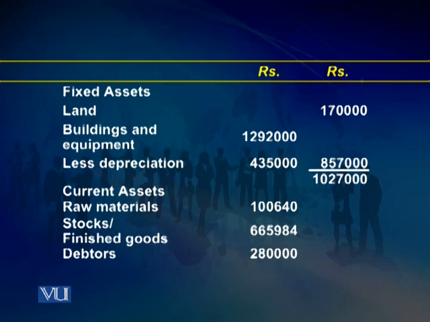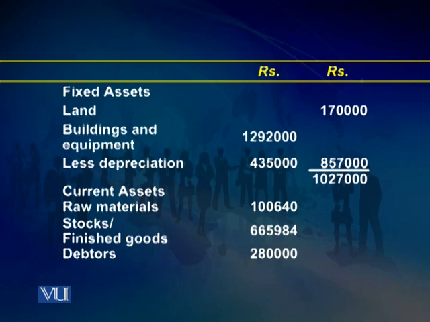Buildings and equipment were 1,292,000. This is at cost, and the depreciation has to be deducted. Now, this balance sheet depreciation of 435 is going to include the depreciation that has been charged for the current year, and therefore the revised net book value of 857,000 is going to be incorporated in the balance sheet.